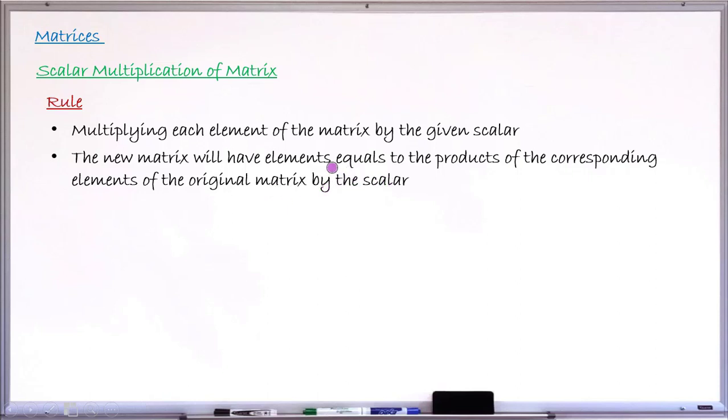So each element in your new matrix will be the product of the corresponding element in your original matrix by the given scalar. We are going to take examples of how we can make use of these two guidelines and find the scalar multiplication of a matrix. So let us move and take examples.